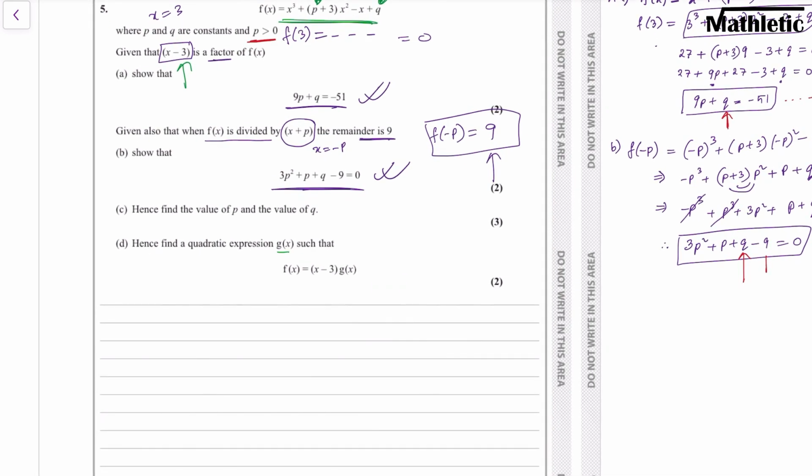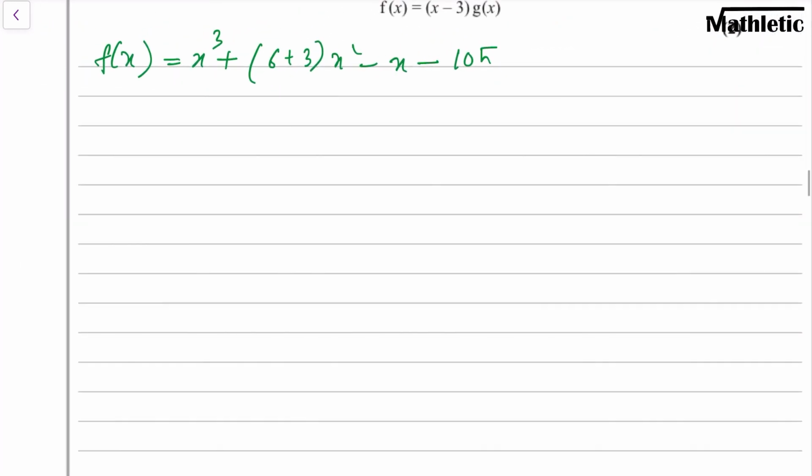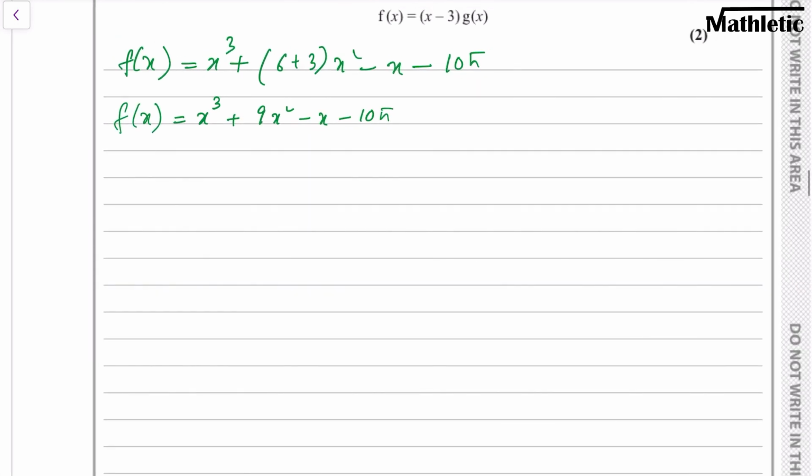So f of x is x cubed, p is 6, q is minus 105. So this is f of x, and this can be expressed in terms of its factors.